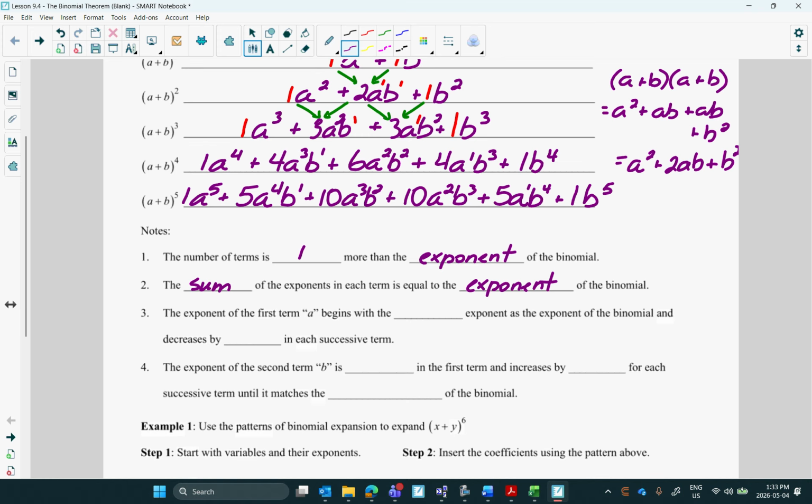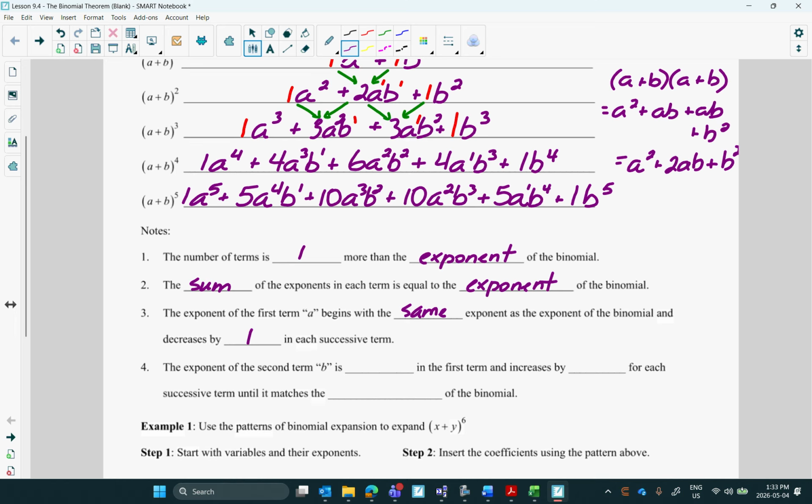The exponent of the first term begins with the same exponent as the binomial and then starts going down by 1. So notice the first term in the binomial appears in the first term of the product, and its exponent is the same as the exponent in the binomial. And then it goes down by 1 every time.